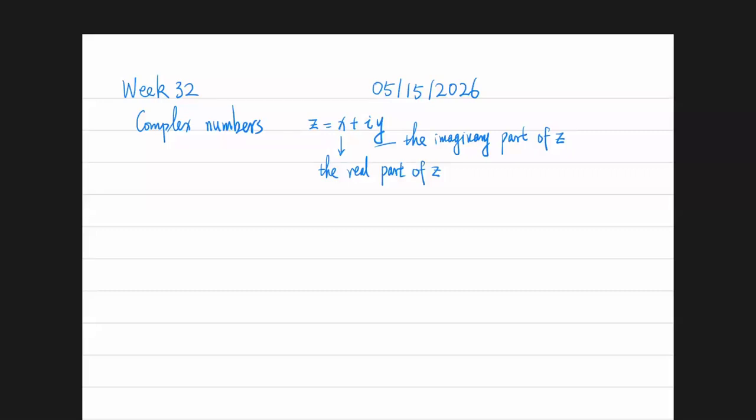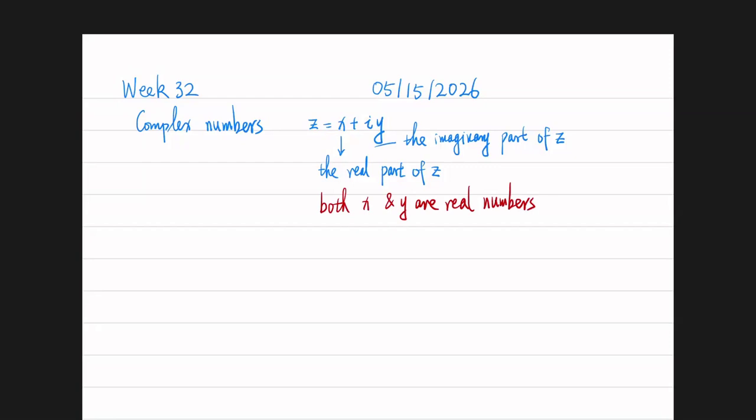In this setting, we assume that both x and y are real numbers. Okay, let me check with you.